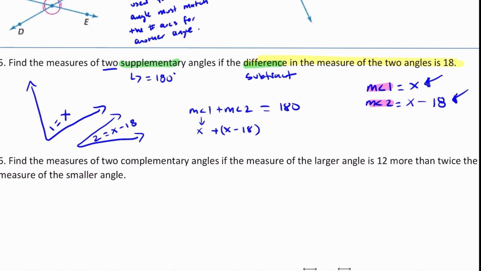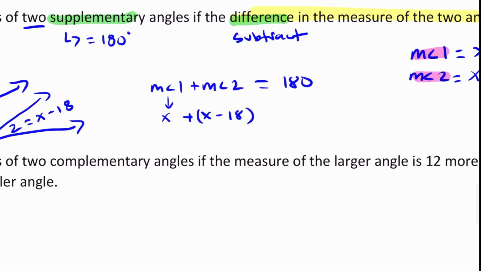I'm going to put parentheses around that. Why not? If this was subtraction, I would need to use the distributive property, right? But it's a plus sign, so it doesn't change anything in terms of the setup here. So I can go ahead and remove the parentheses now, because if I use the distributive property, it would just be x minus 18, right? x plus x minus 18 equals 180 degrees.